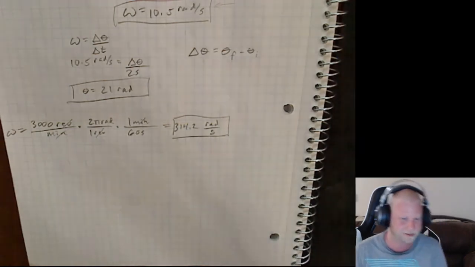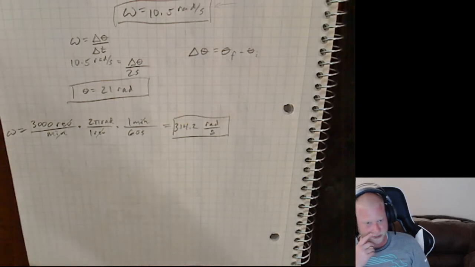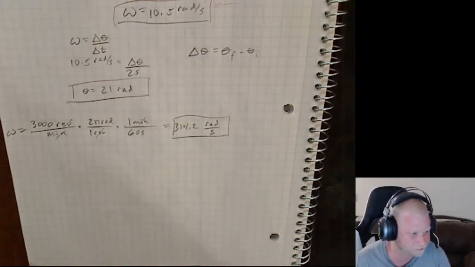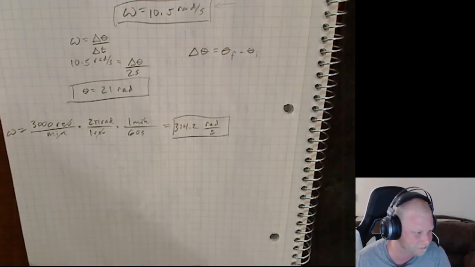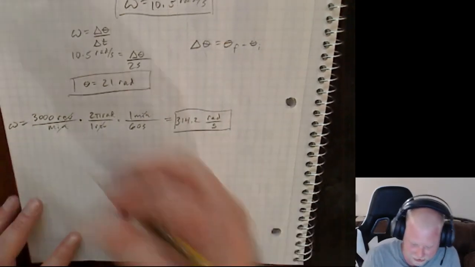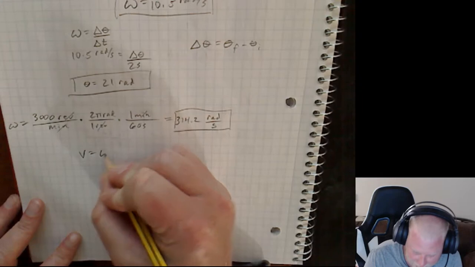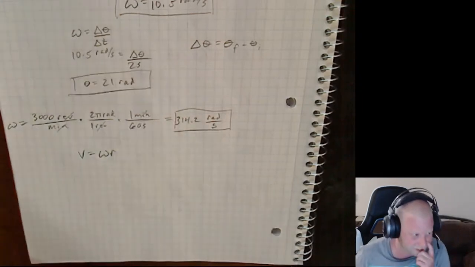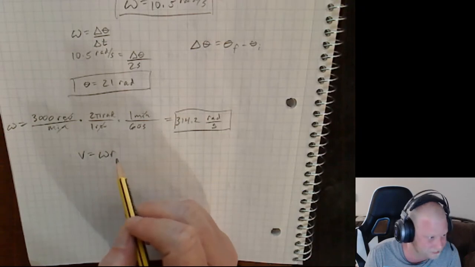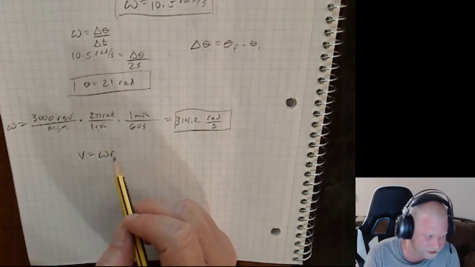Now, keep in mind, just like when we were looking at the arc length traveled by an object being based off of how far it is away from the center of rotation, it's going to be the same thing for the linear speed. If we're looking at the linear speed of an object on a rotating disk, it's going to depend on the angular velocity and how far away it is from the center of rotation.